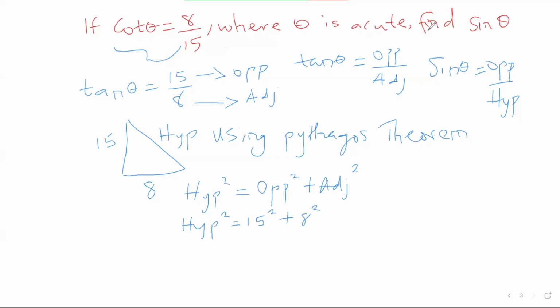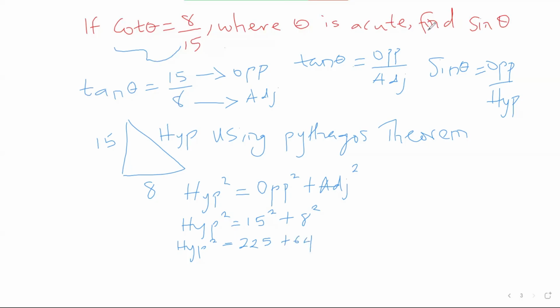So what next are we going to do from this point? We have hypotenuse squared equals, so what is the square of 15? That is going to give us 225, plus the square of 8, which is 64.